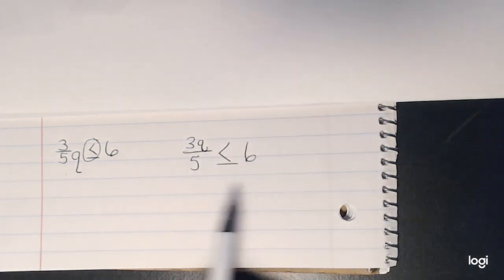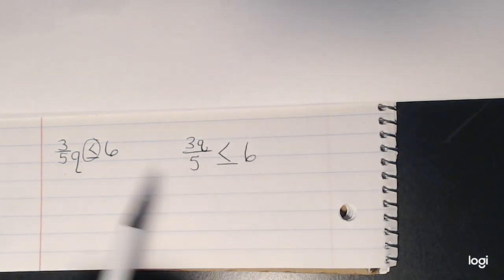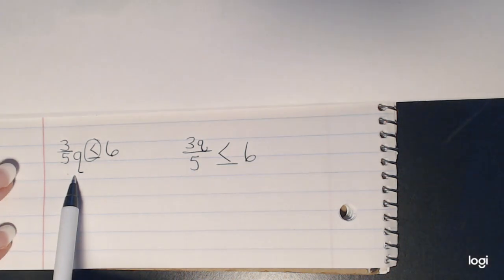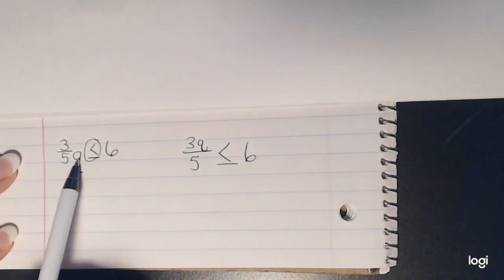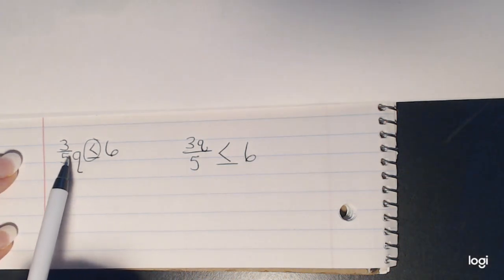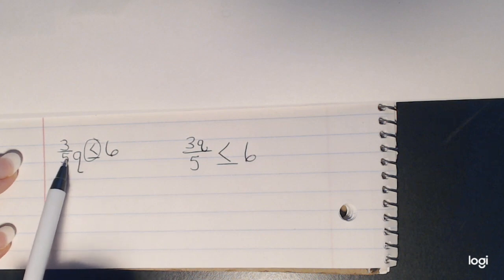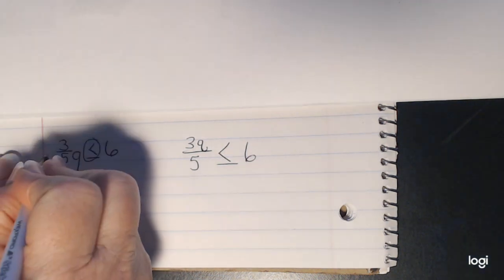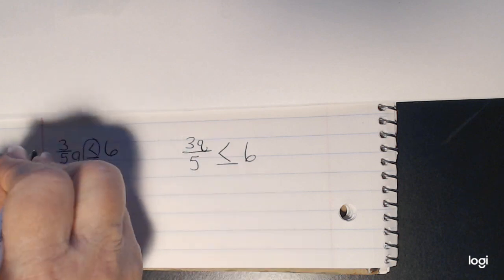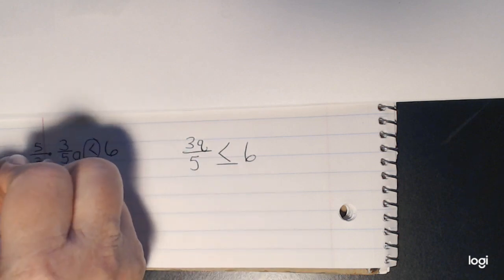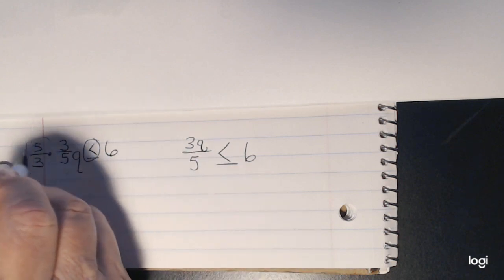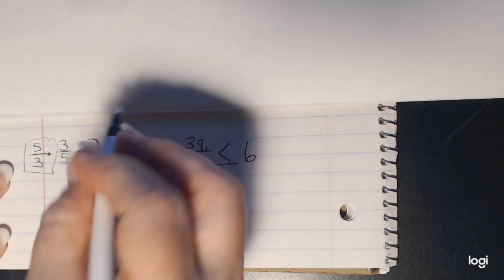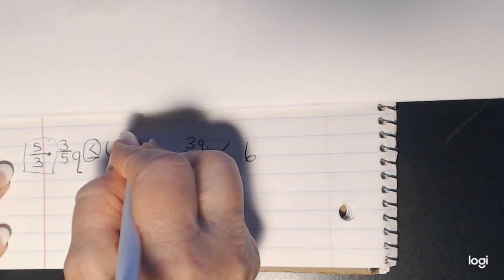Okay, so now you have to decide how do you want to solve it. If you're going to solve it this way, the opposite of multiplying by a fraction would be to divide. And when you divide, you keep, change, and we're going to multiply by the opposite. This is what I added, so whatever I do here, I have to do over here.